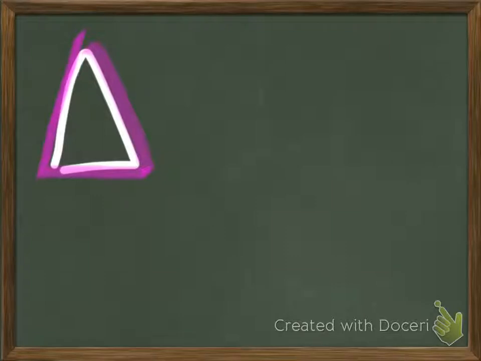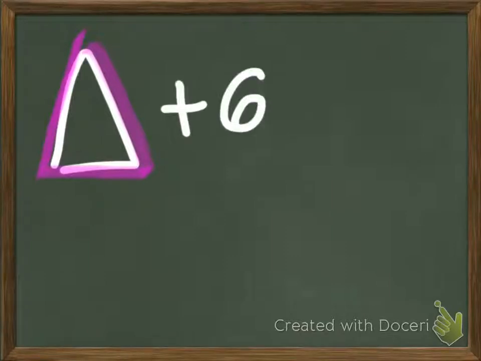So the perimeter of my triangle increased by 6. I know increase means to go up, so I'm going to add. Is the same, well, I know another word for same is equal.